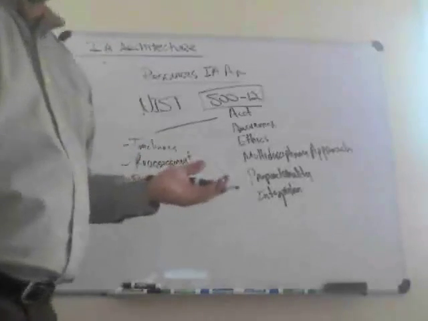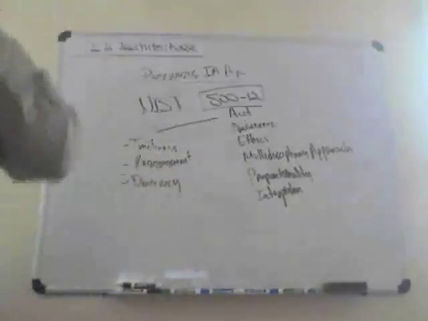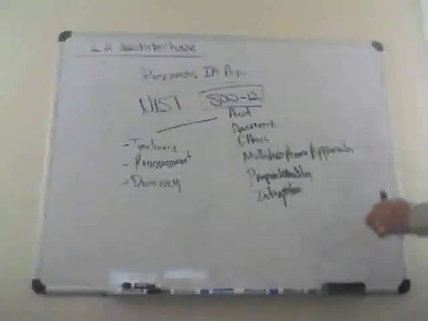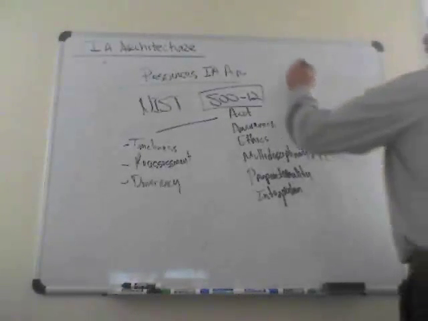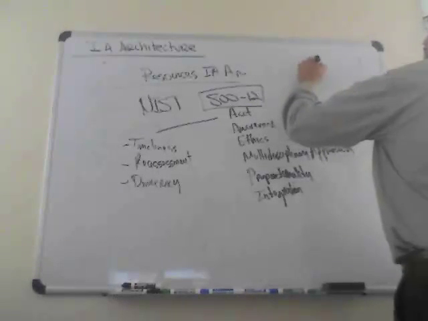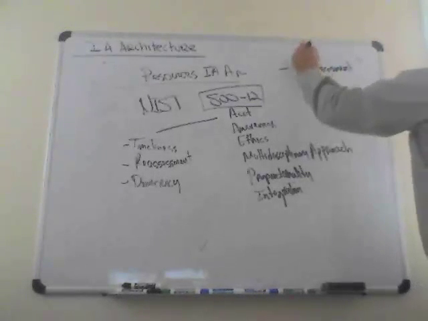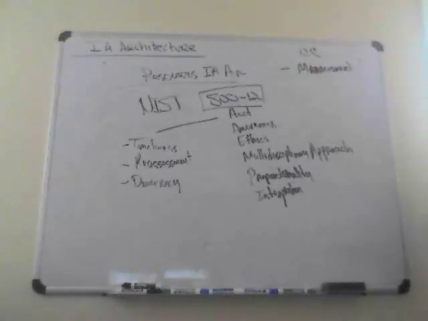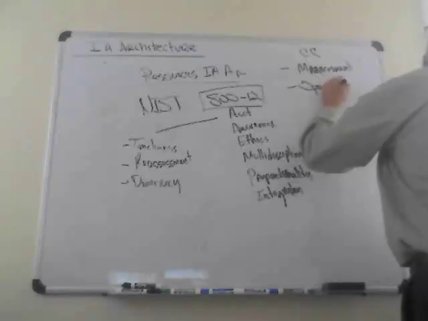In other words, not operating within a vacuum. And again, it breaks it down into three different types of control categories: management, operational, and technical, which is kind of what we talked about earlier.